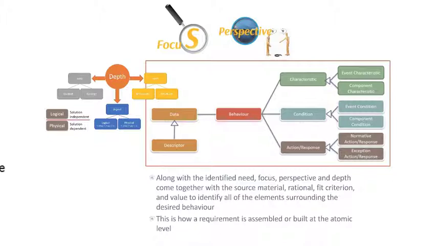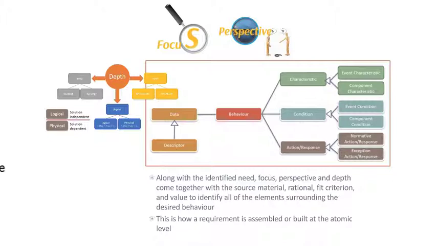Along with the identified need, focus, perspective, and depth, when they come together with the source material, rationale, fit criterion, and value, all come together to identify all the elements that are surrounding that desired behavior.